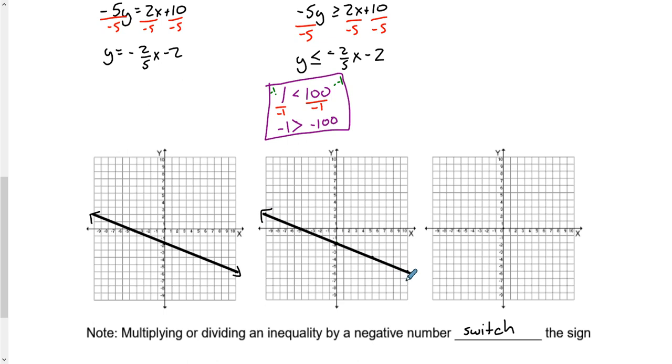We have to shade below the line. This is a symbol for less than. So where would less than this line be? Well, it's going to have to be below it. And for our cases right here, this is all that we're going to need. I'll show you more later on in this section.